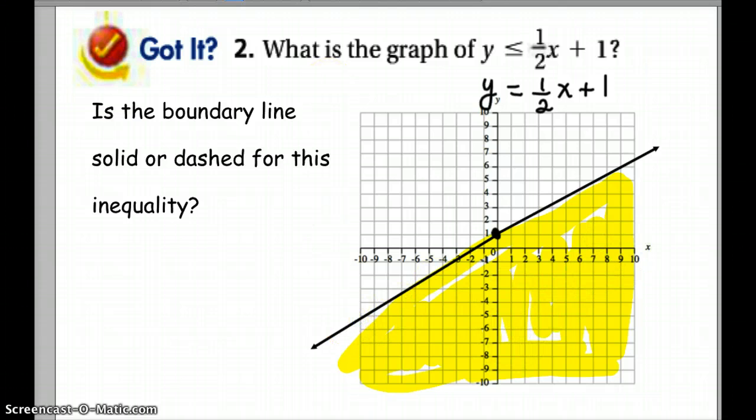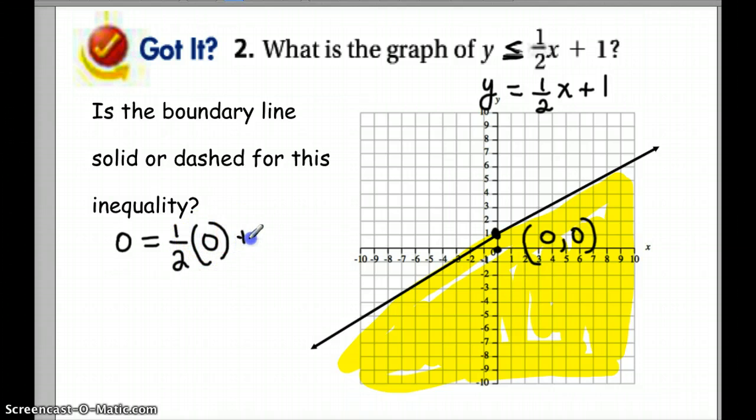All of the points on the line, since this is a situation that is less than or equal to, are also solutions. Well, let's test. Again, we have 0, 0 in the region. Let's test out 0, 0 and see if it works. That means that y is 0, y is equal to 1/2 times x, which is 0, plus 1.